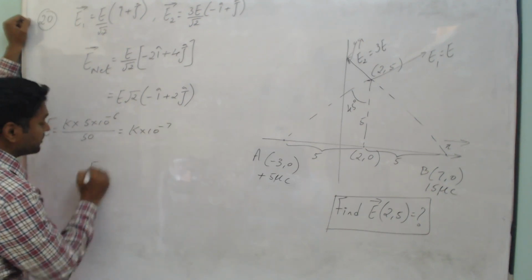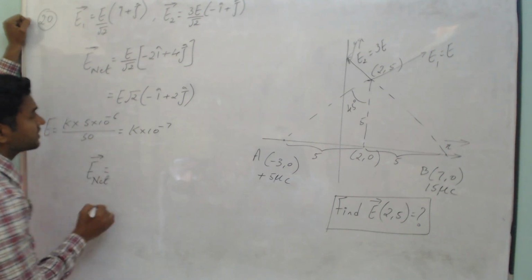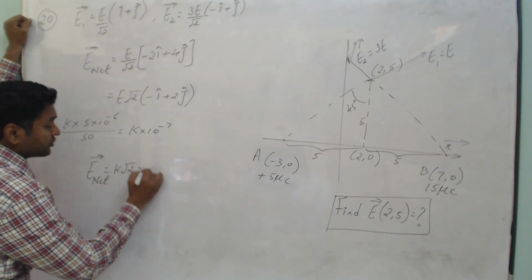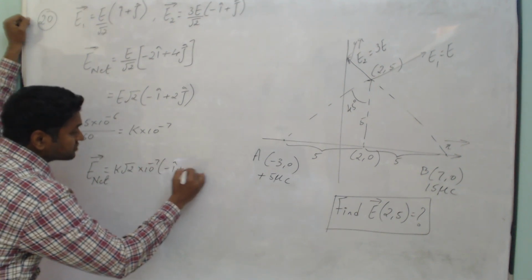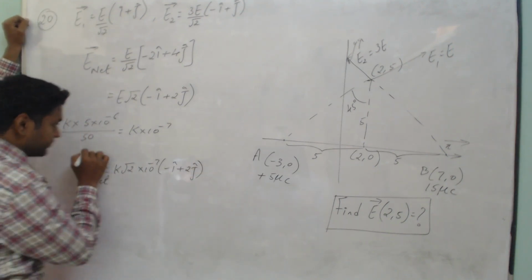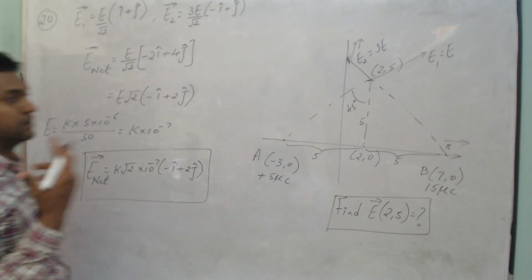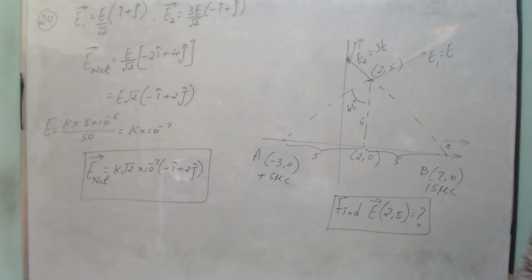So my net resultant vector I can write as K root 2 into 10 to the power minus 7 times minus i cap plus 2 j cap. Is this clear? You got the same thing? Good.